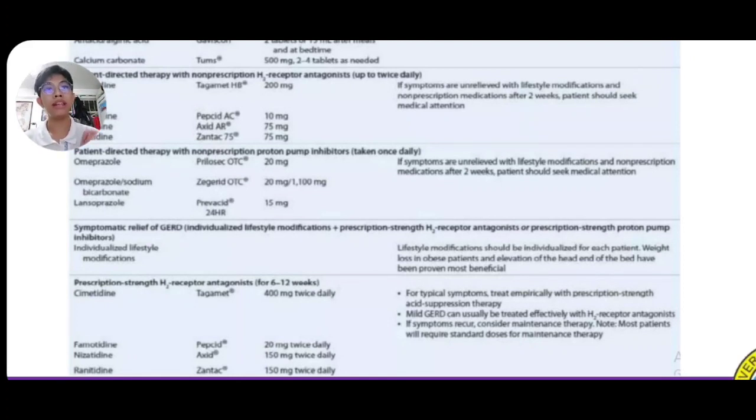And as you can see, the reason there is a frequency in their dosage is because they have a low dosage or concentration of the drug.